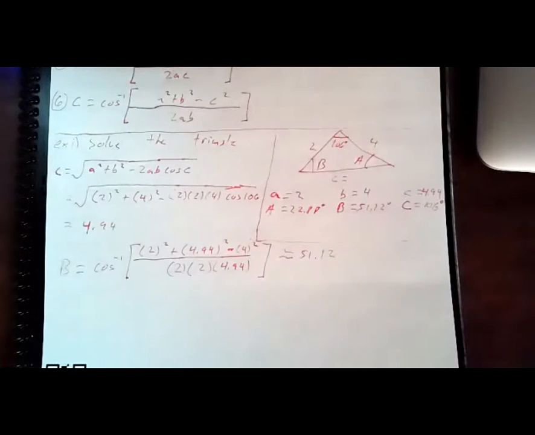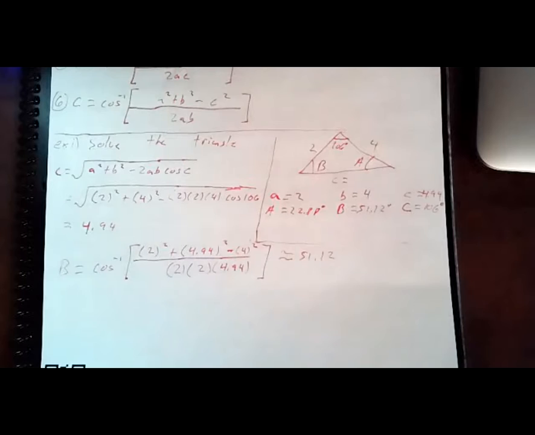Yeah. Okay. So we don't have to use the formula again because we already had 2 angles, which means we can find the missing angle with the 180 idea. Any other questions on this? Because we found all the sides and all the angles.